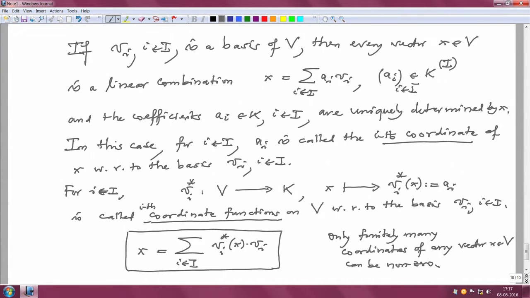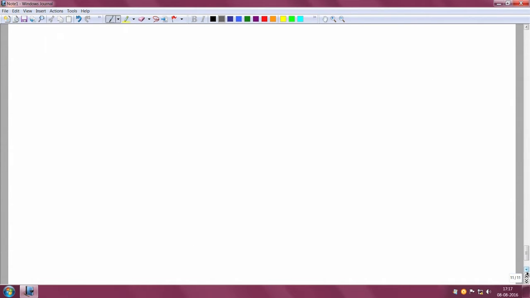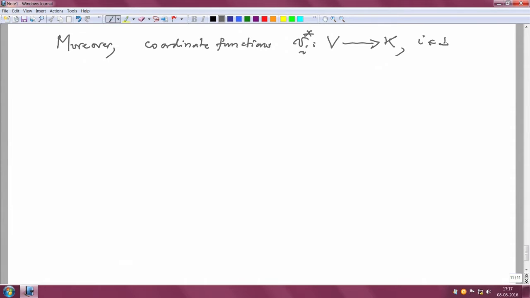Moreover, these functions v_i star are called coordinate functions. These are functions on V with values in K, and they are as many as the number of basis elements.